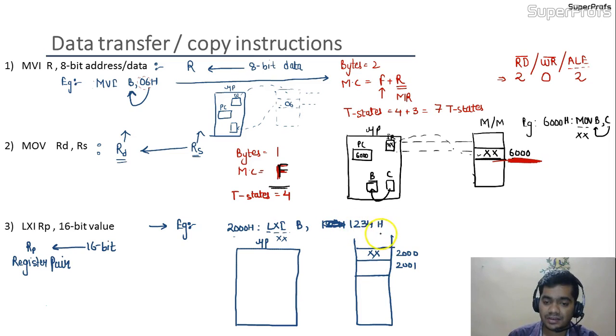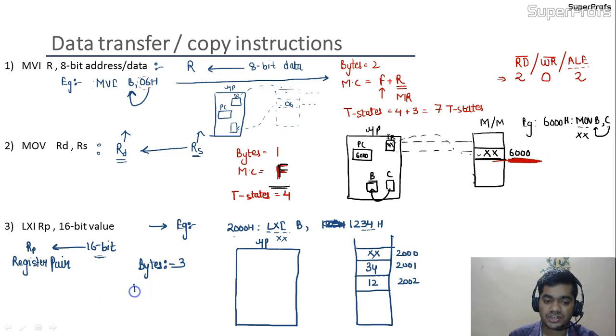As it is a 3-byte instruction, the lower byte of data would be present here and the higher byte of data would be present in the next byte. What is this instruction doing? It is transferring the 16-bit data which is present in the memory to the register pair. The number of bytes we have understood, because we know the shortcut, is 3.